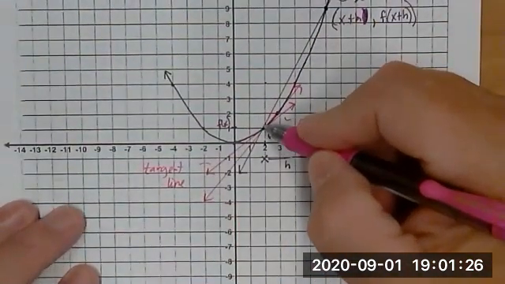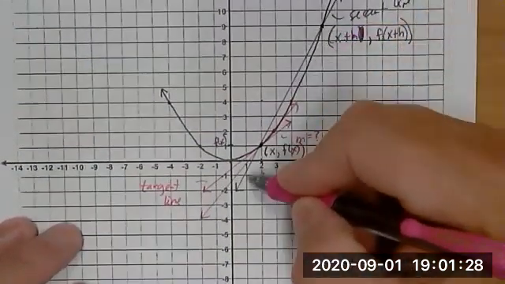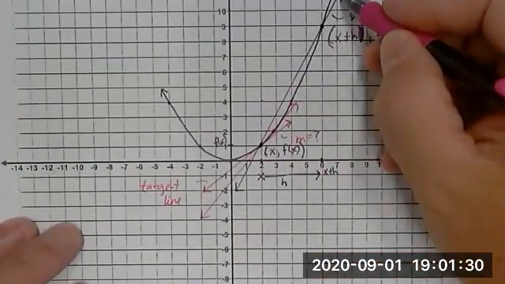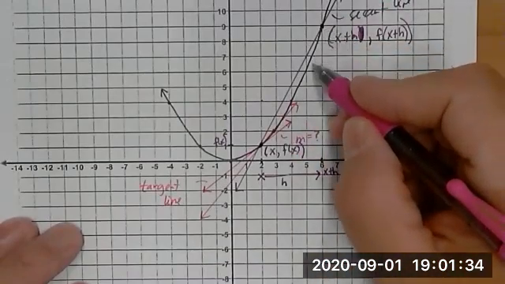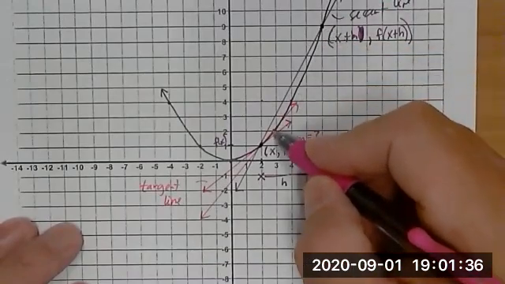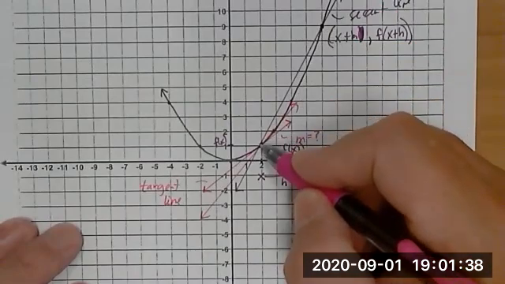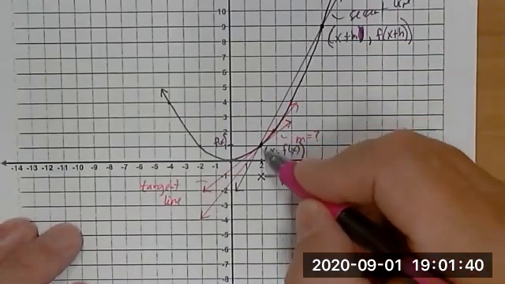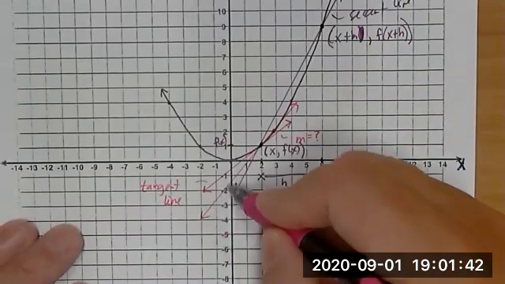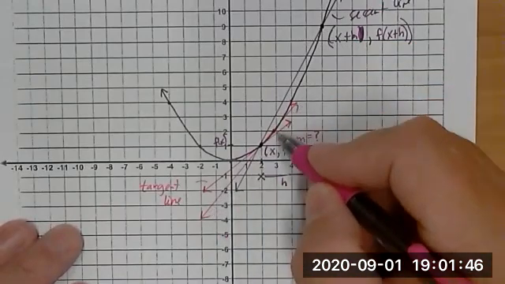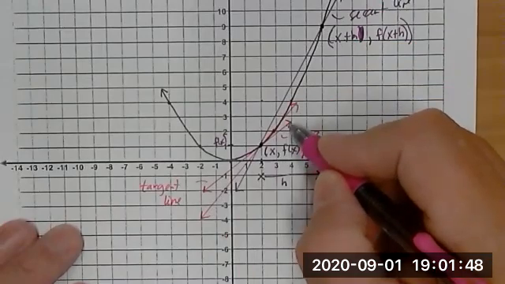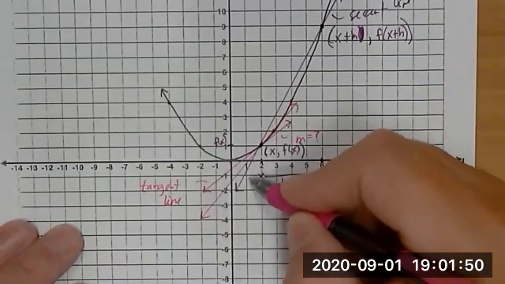Our first attempt was these 2 points. That line was not so great. But as I moved my second point closer to my point, this new secant line is definitely closer to this line than the first one.